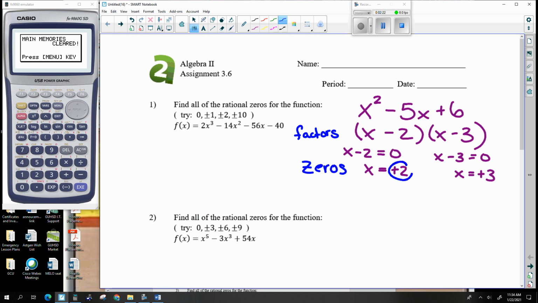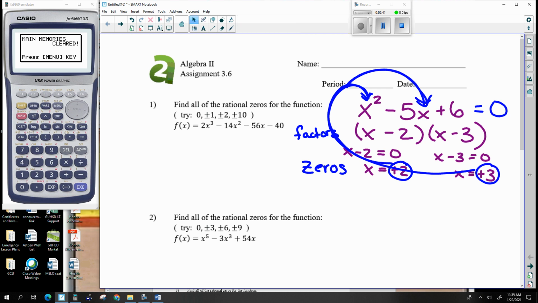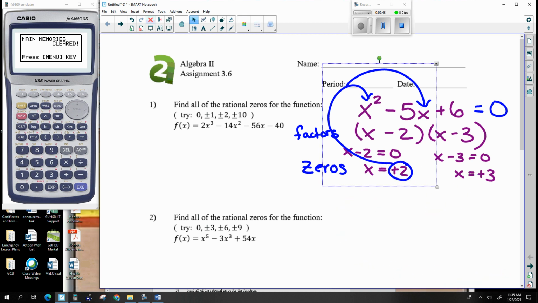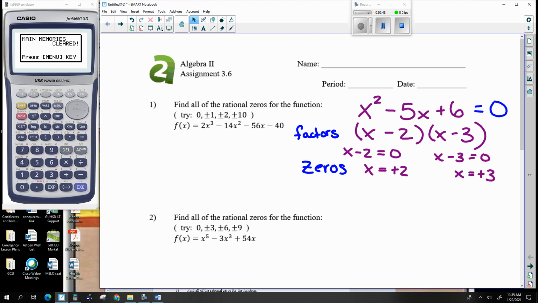If I take the number 2 and plug it back into the original equation, my answer comes out to be 0. Just like if I take the number 3 and plug it back in, my answer is also 0. So these values that come off of these factors are called zeros. That's what we're really after today with our problems.